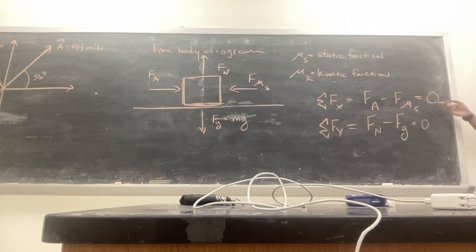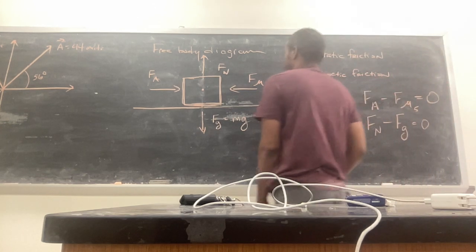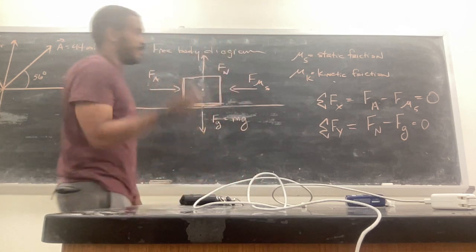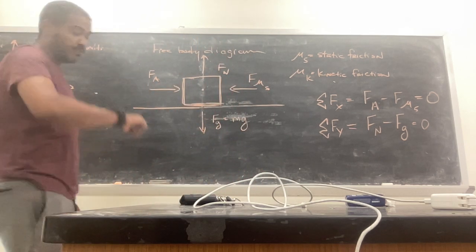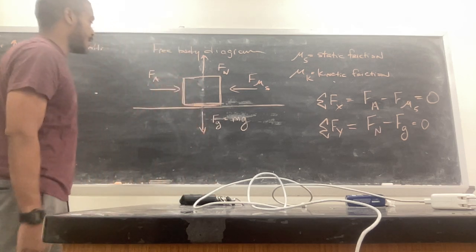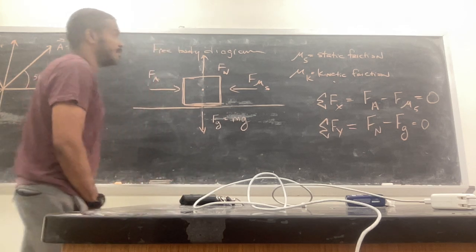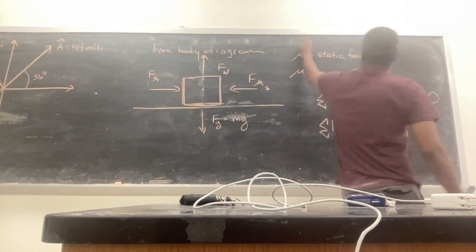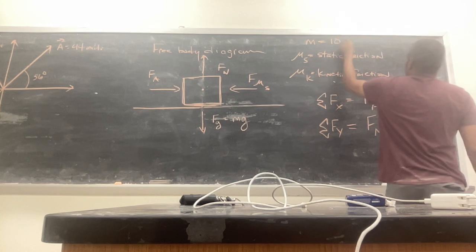Based on these two equations, we can solve certain things. We're going to work some real problems, but I just wanted to go through this. The problem will give you the mass of the box. Let's say M is 10 kilograms.